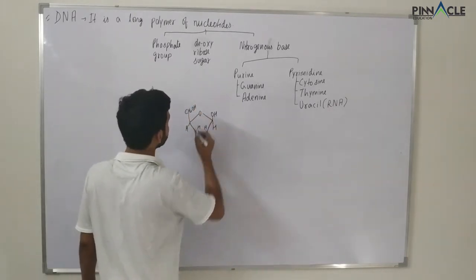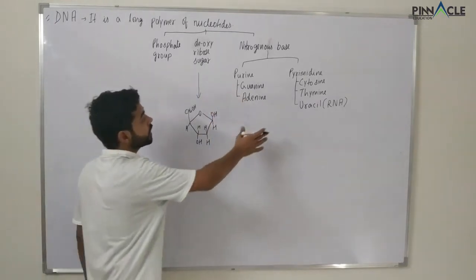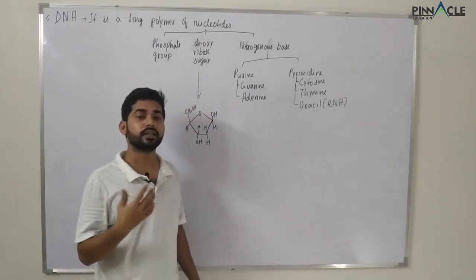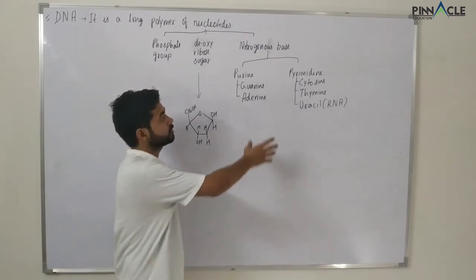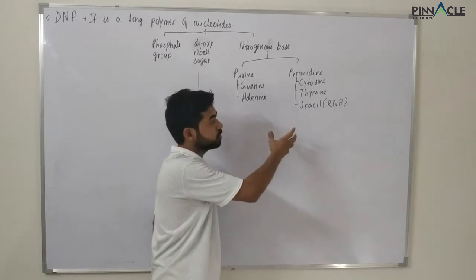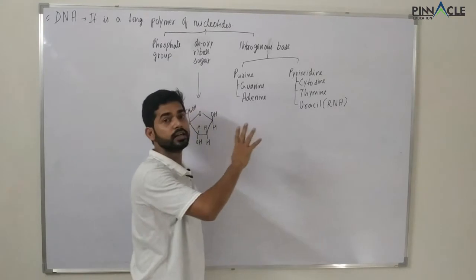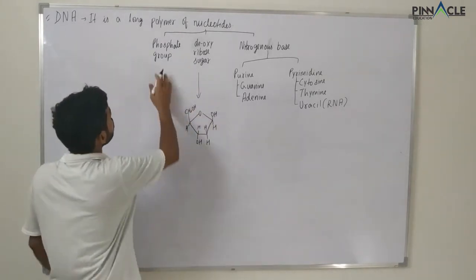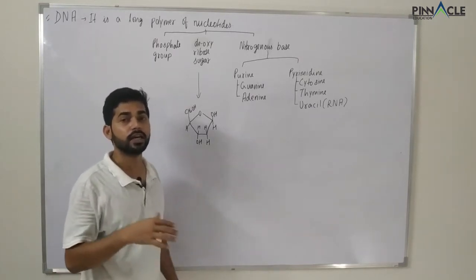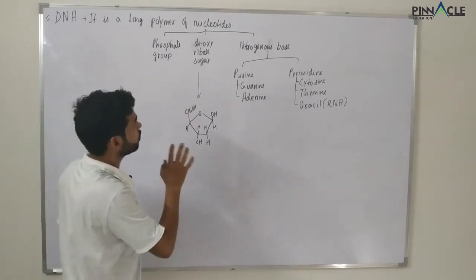This is present in DNA. That is, this is the main sugar part. These are the nitrogenous bases. The structures of these nitrogenous bases are really complex, and there are no direct questions from the structure of these nitrogenous bases in NEET. So we don't have to study the main structure of this part. We just have to know that these are nitrogen-containing bases. And this is a normal phosphate group, derived from orthophosphoric acid, that is H3PO4. So these are the main constituents of a nucleotide.